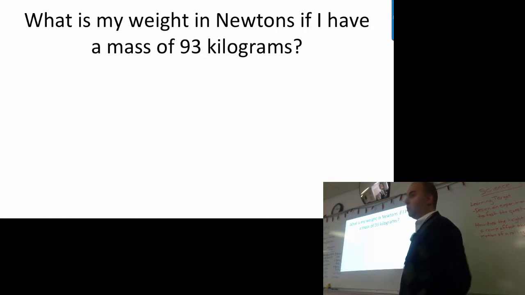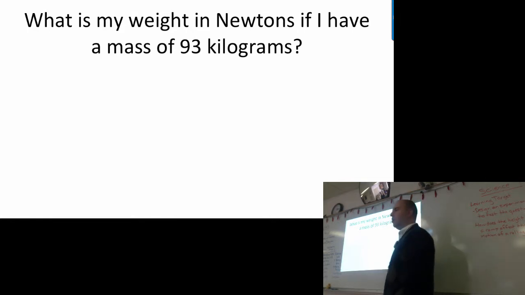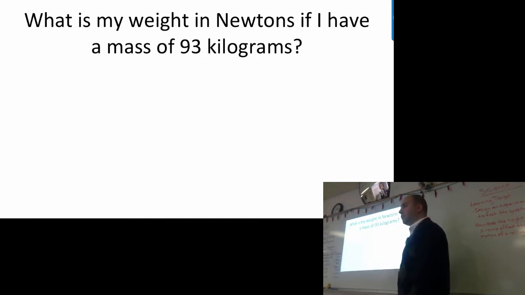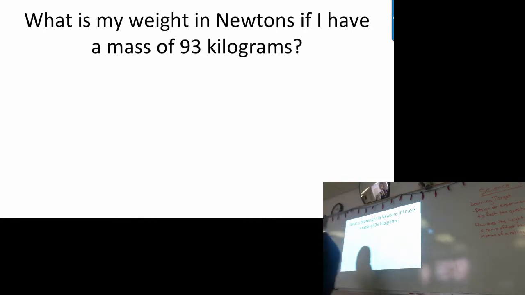So think back to what we've talked about here. What's my weight in newtons if I have a mass of 93 kilograms? How would I figure that out? Simon, how would we do that? Okay, so what's the equation that we're using?